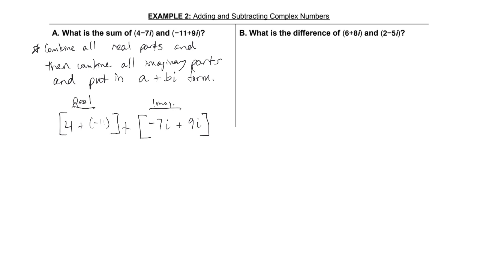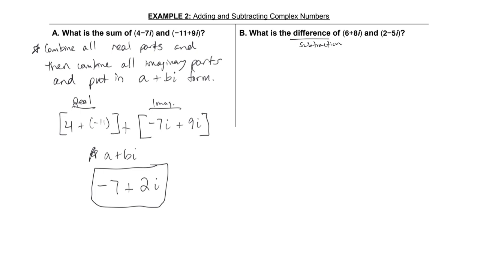And then we put it in a plus bi form. We get negative 7 plus 2i. All right, so it's essentially just combining like terms.